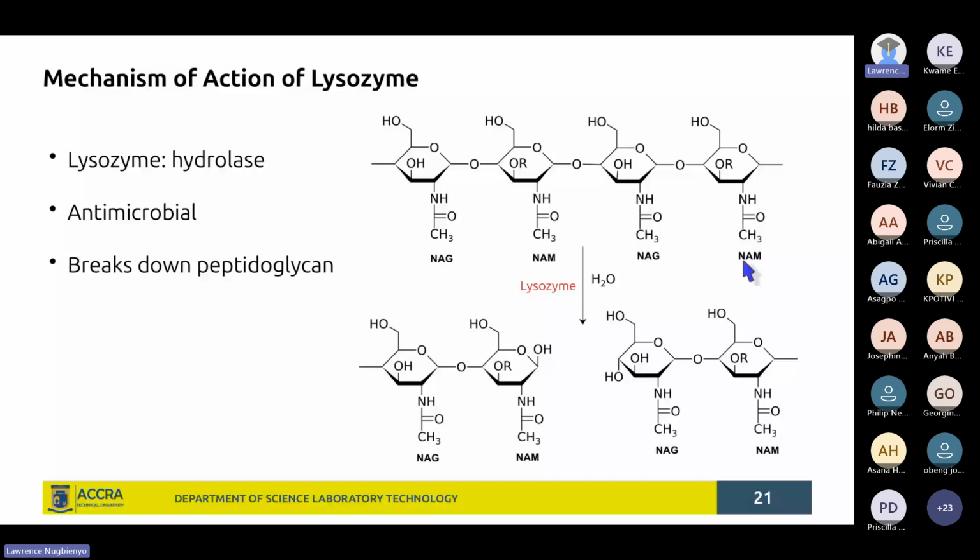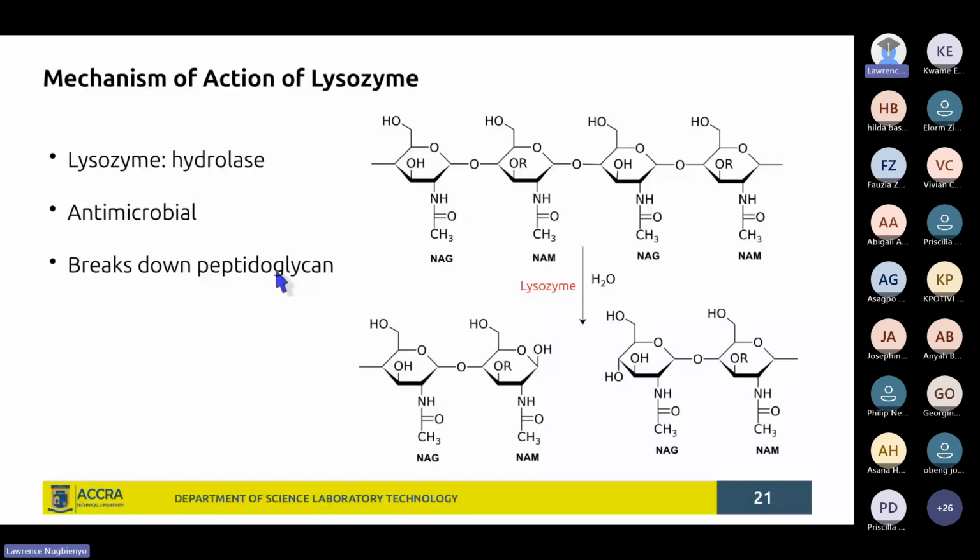And within this chain you have some peptides which form some cross linkages, which is why it is being referred to as a peptidoglycan. The peptidoglycan simply is telling you that there is some peptide and you also have carbohydrates, giving you the full structure of that particular substance.